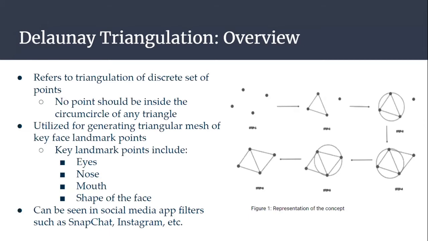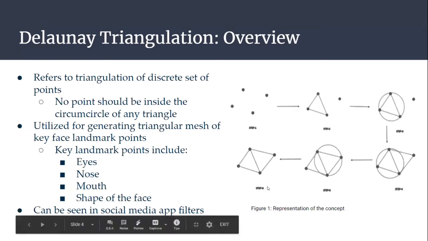A circumcircle of that triangle is drawn, and it makes sure that no other point is within that circumcircle. And then it just keeps proceeding. And step 6, this figure right here, shows the final resultant triangulation from the 4 discrete points.